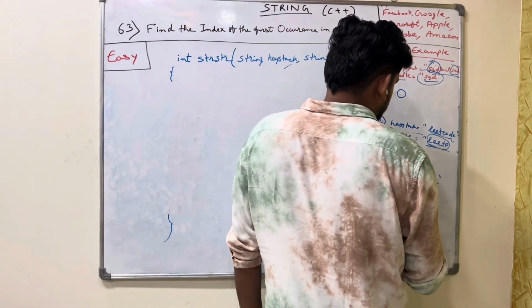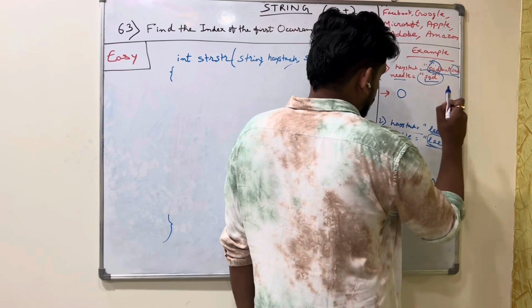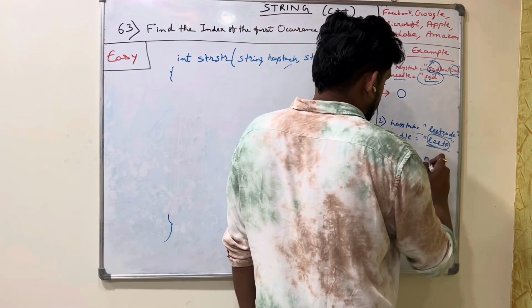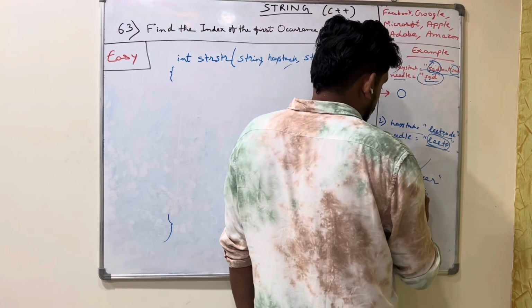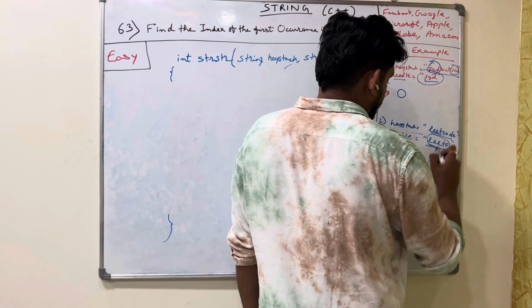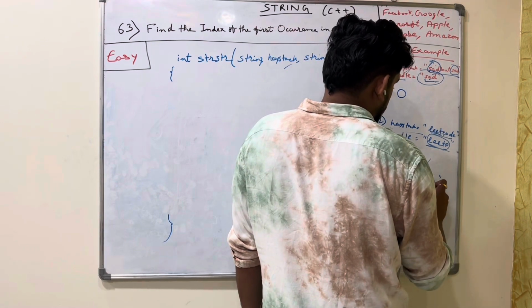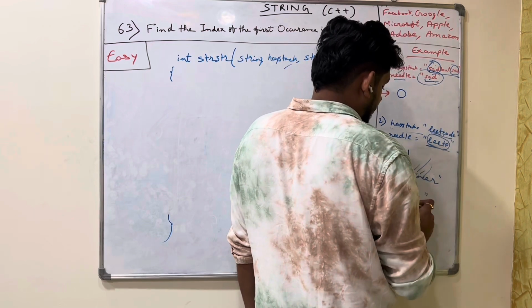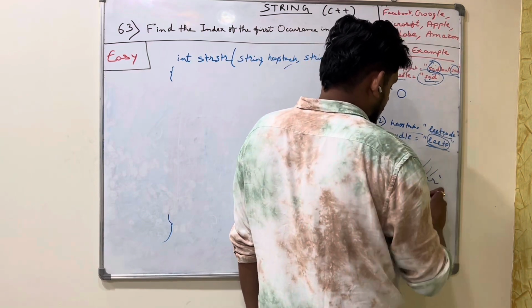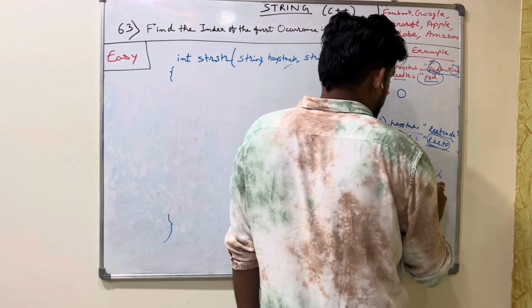So N, E is not matching, you go to G. G not matching, you go to E. I not matching with this first letter, you go to N. Okay, whenever it doesn't match, break it. And E not matching, you go to E. Now EE is matching, and then R is matching. You return this whole thing.